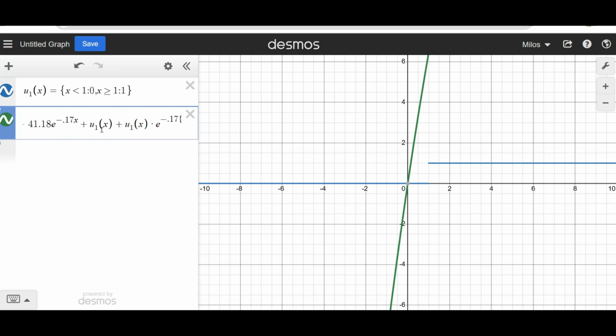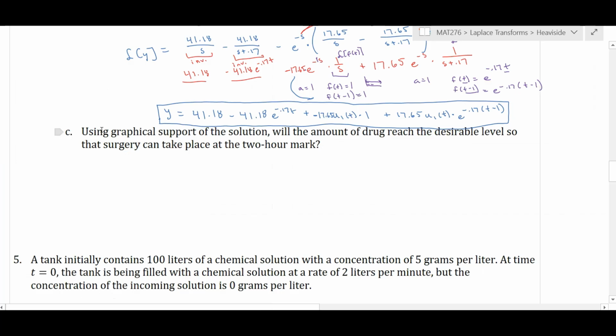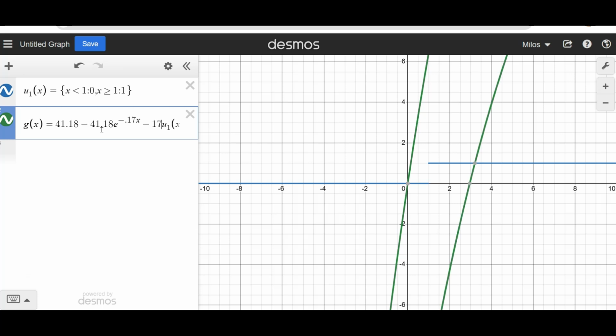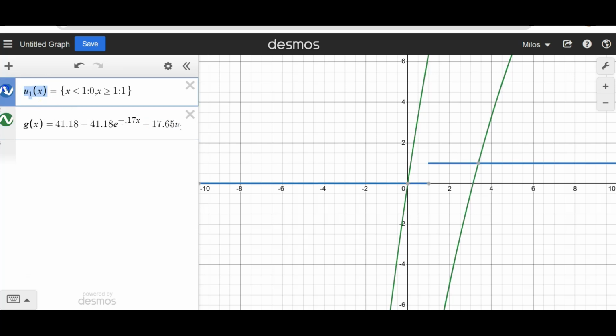So in our case, I'm going to call this g of x equals 41.18 minus 41.18 e to the negative 0.17x. And then I think we had minus, what was it, 17.65 times u sub 1 of x. So now I'm referencing this function, which is defined up here.